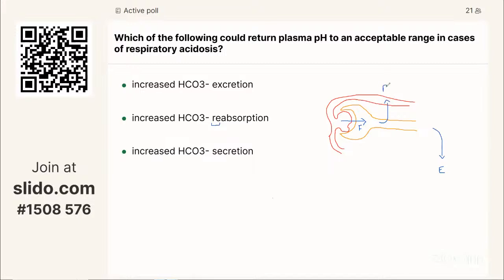So that's our reabsorption. And secretion is going to be when we have stuff that we make and we put it into this fluid in the nephron that eventually is going to get excreted. Okay. So those are four kind of direction words here.